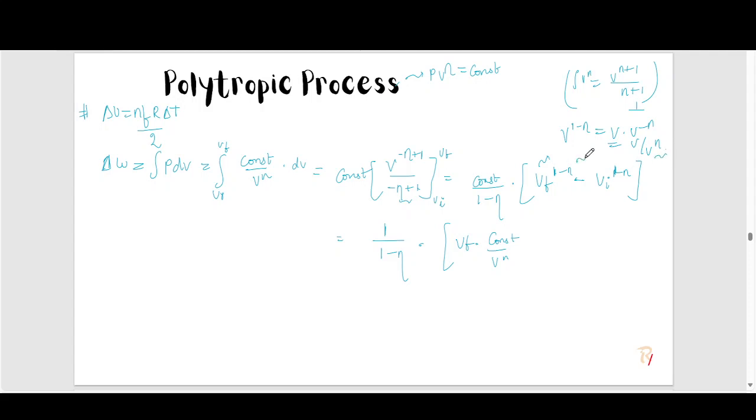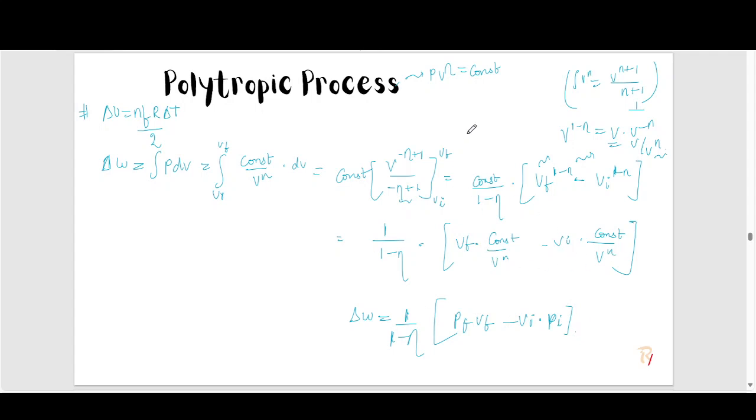By simply substituting like this, in this we get minus Vi into constant upon V to the power of n. From this we get delta W equals 1 by 1 minus n into PfVf minus PiVi.